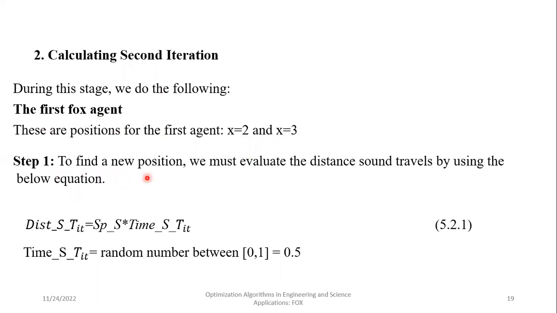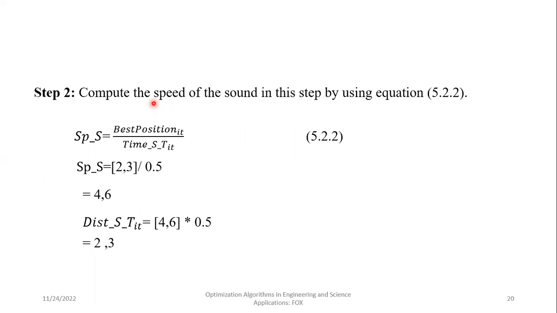So second iteration, for the first agent, the first fox, its position is 2 and 3. We try to find the distance sound travels, which is equal to speed of sound multiplied by time sound travels. Time sound travels is a random number between 0 and 1, and we selected 0.5. Compute the speed of the sound in this step.